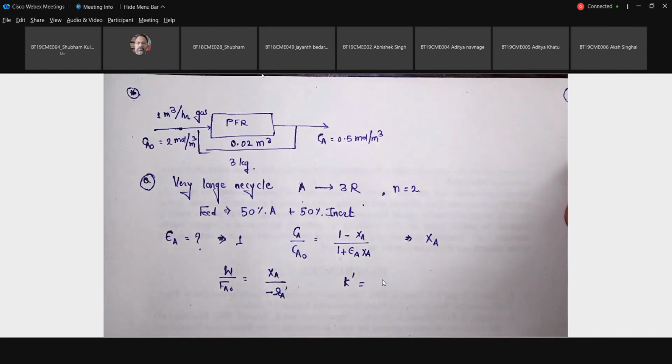Take care for the units because it is in meter cube. So units will be, as we have seen, volume squared per kg of the catalyst, mole of the reactant per unit time. Is it? But what about this value?